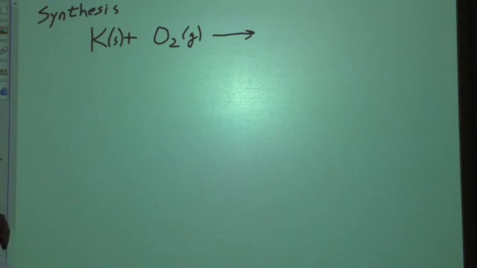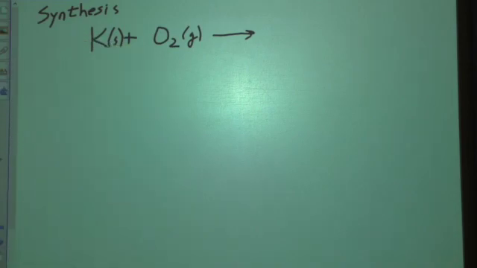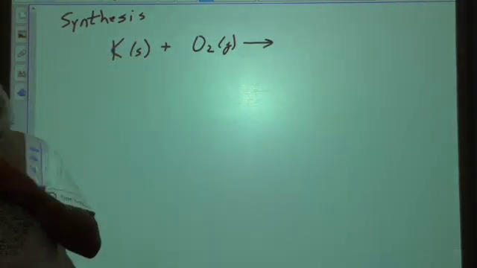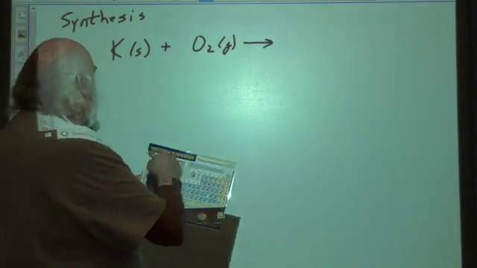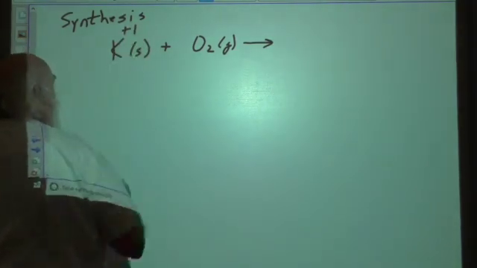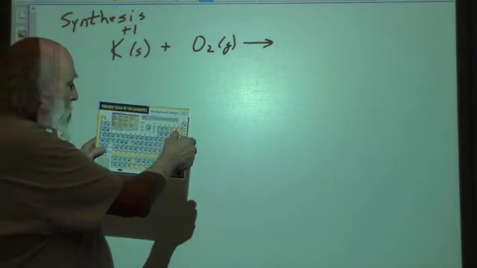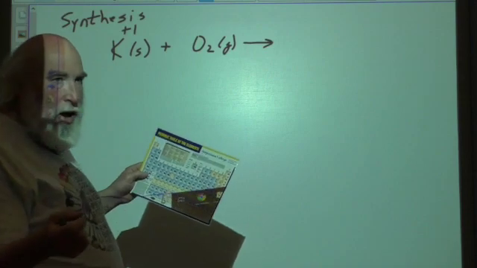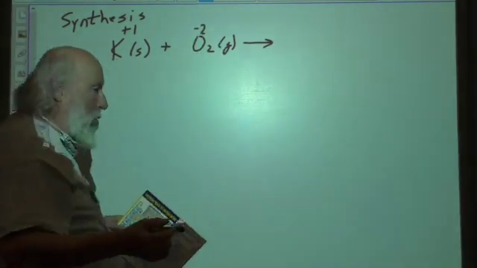Okay? Because we're going to synthesize it, we have to make sure the charge is at 0. So we need to find what the charges are. So we look for the charges here. We go to the K. The K here is in metal group 1A, so that's positive 1. Oxygen is a non-metal in group 6A, so it's 2 away from 8. And non-metals are negative, so this is -2 because it's 2 away from 8.